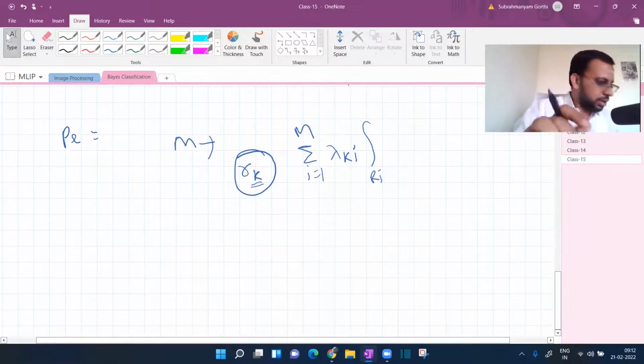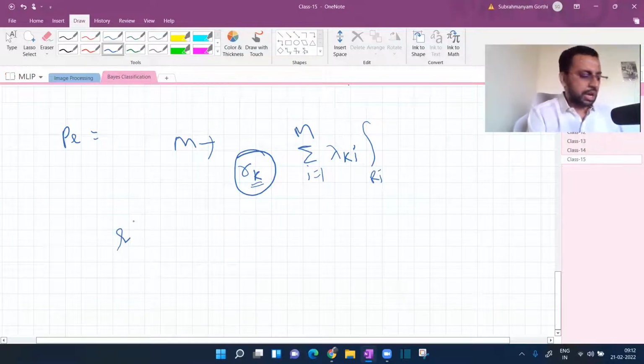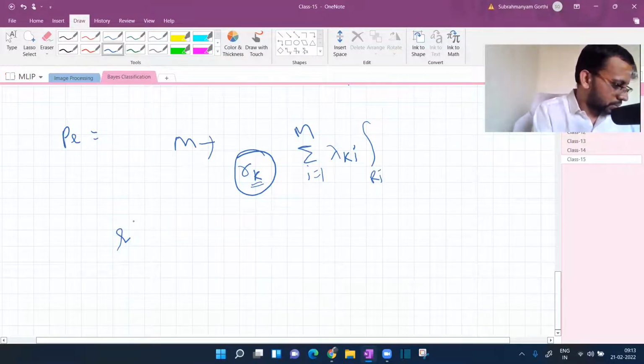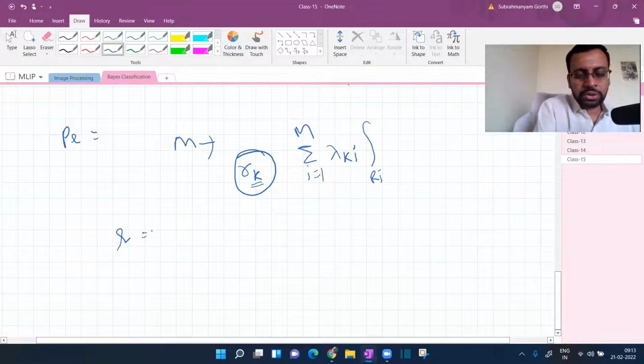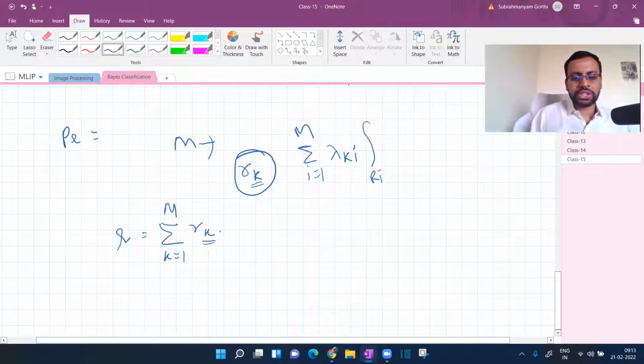So I would right away write this expression here. I'm sure by this time you are all clear with that. What was that expression? R equals the summation over k equal to 1 to m of r k, the penalty associated with each class.